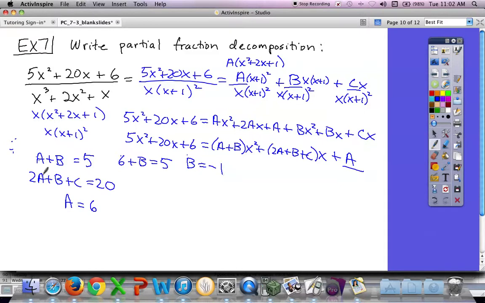Plug A and B into this. 2 times 6 plus -1 plus C equals 20. So that's 12 minus 1, 11 plus C equals 20. C equals 9. So when we did our partial fractions, the A would have been 6, the B would have been -1, and the C would have been 9.